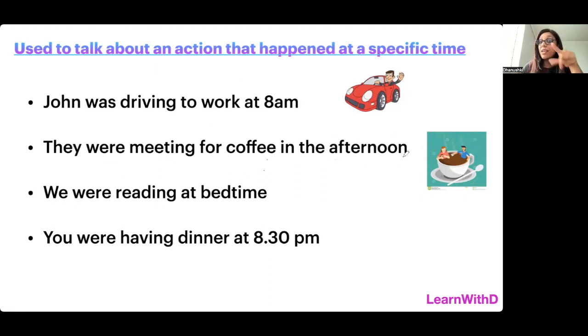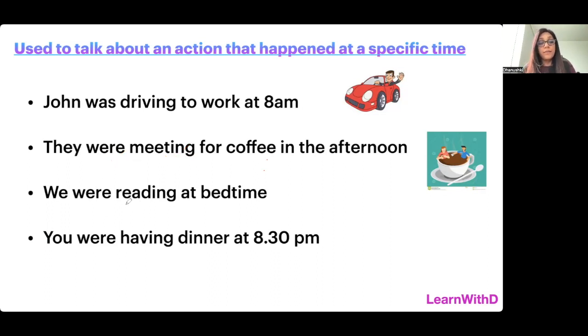So that is counted as one of the examples here, right? So then we use the past continuous. So we say they were meeting for coffee in the afternoon. Were is the verb to be and meeting is the continuous verb.